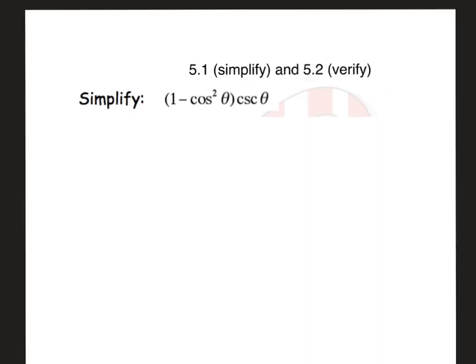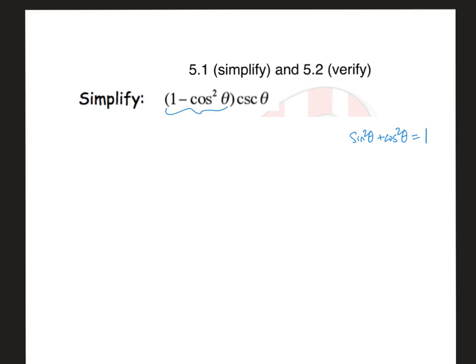Our first example here, you will notice that this right here, hopefully you'll recognize, is one of the Pythagorean identities. And remember, those can get manipulated. So the first Pythagorean identity is sine squared theta plus cosine squared theta equals 1.